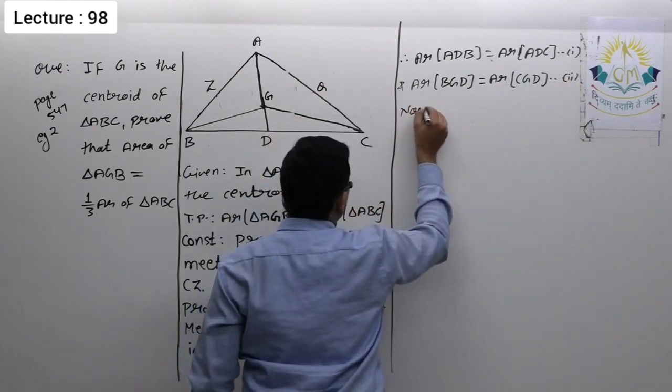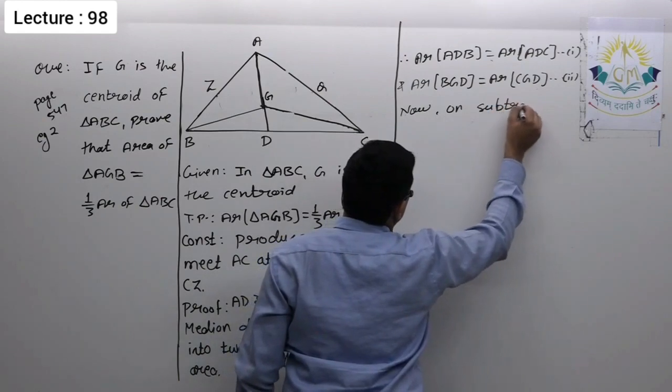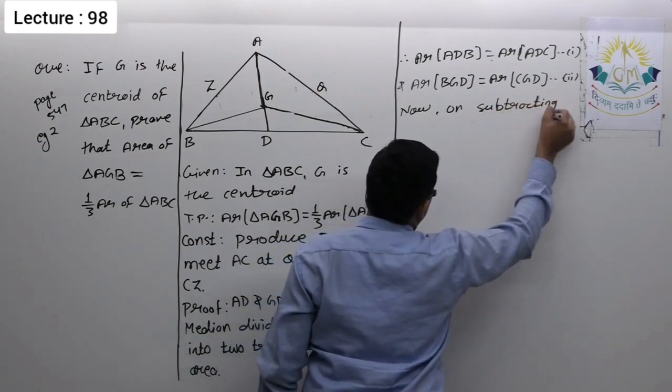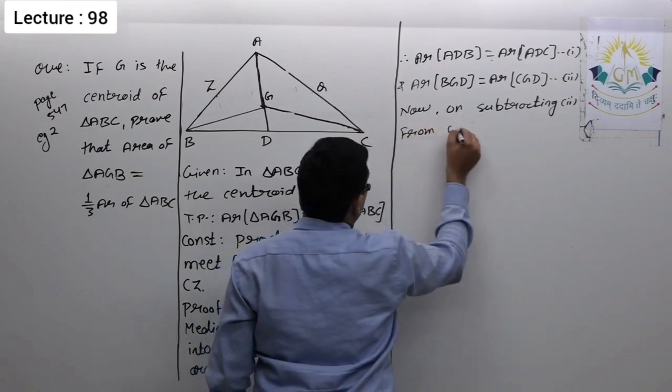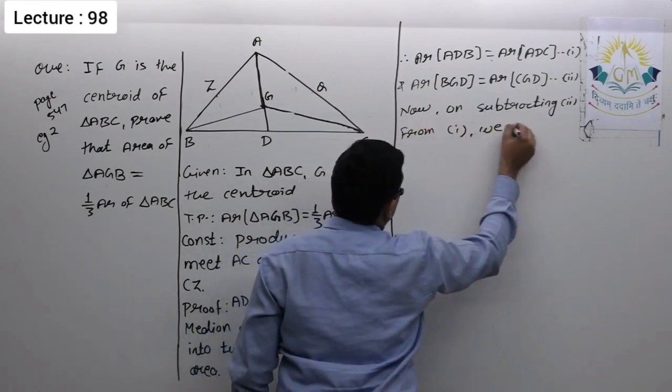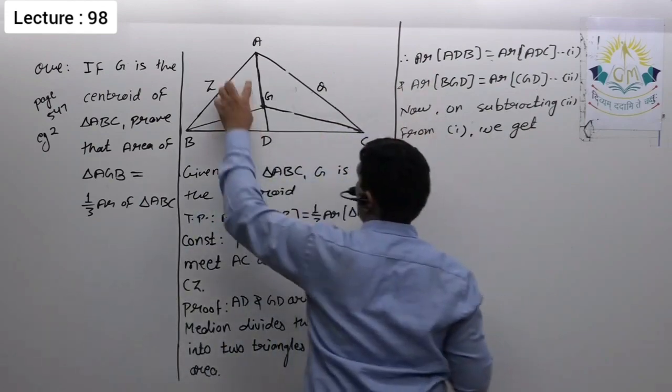Now on subtracting second from first, we get what we get, ADB minus BGD.